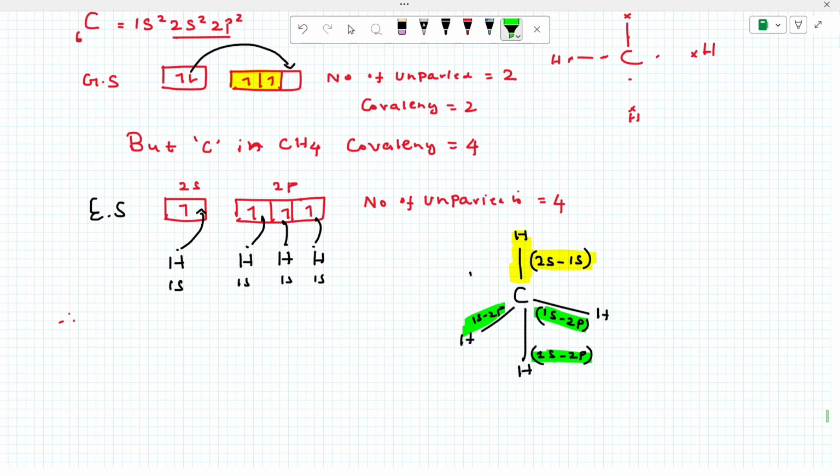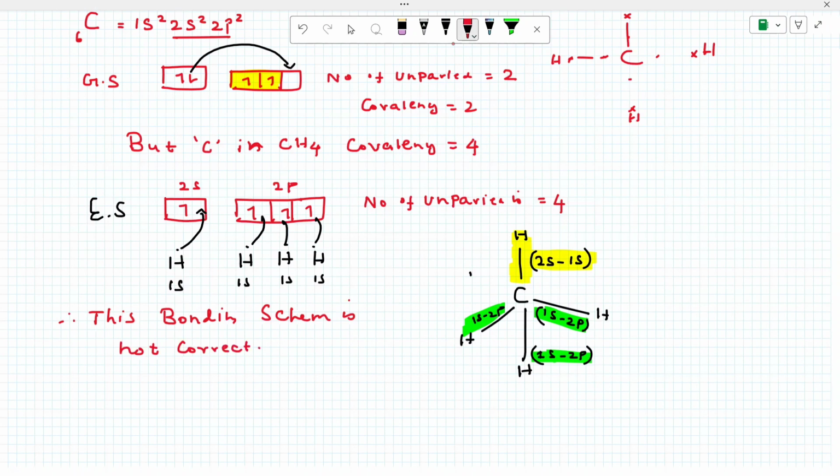Therefore this bonding scheme is not right. Yes or no? Therefore this bonding scheme is not correct.